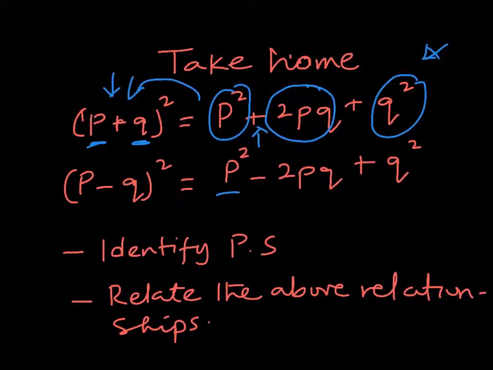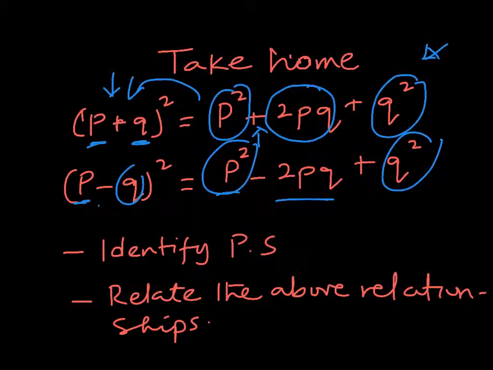Then the negative is also true. If you have p minus q all in brackets squared, the fully expanded form is a squaring of the first term, which we see here as p squared, a squaring of the second term, which we see here as q squared, and the middle term is twice the product of the two terms, and it has a negative sign in front of it. So the reverse is also true.